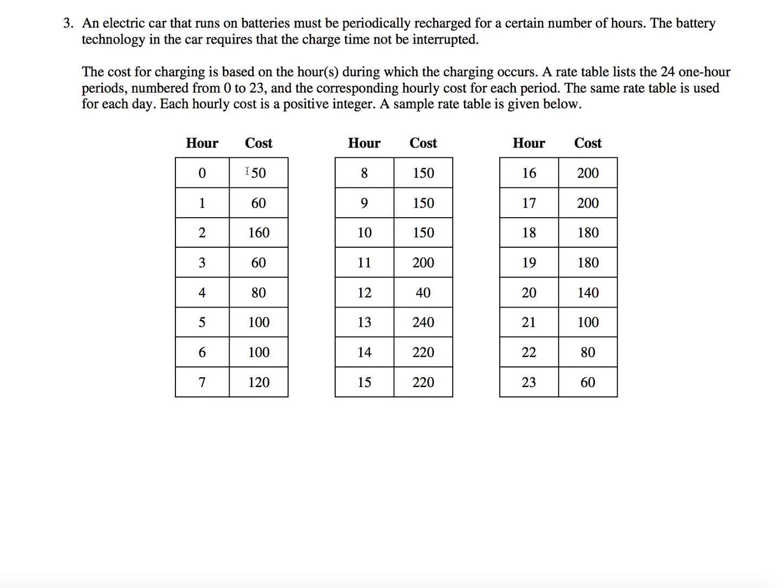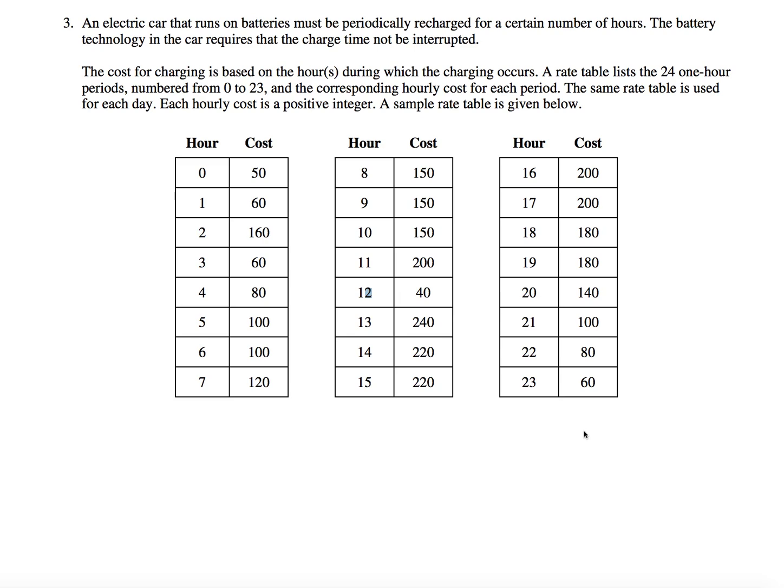And that's going to sum up all of these: 50, 60, 160, 60, 80, 100, 100, and 120. And then it's going to compare that to 1 to 9, and see which one is least. Which one is least is going to be the current minimum. And then it's going to do the same from 2 to 10, 3 to 11, 4 to 12, and so on as you're working your way through the table.